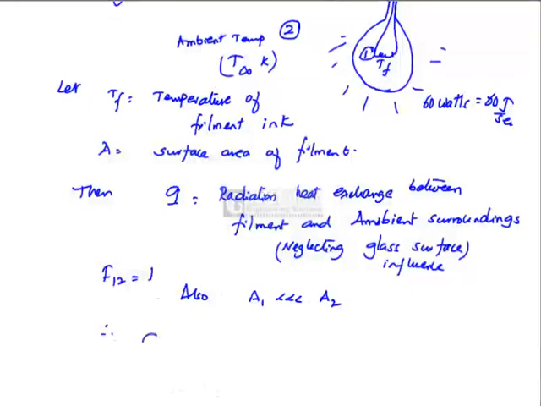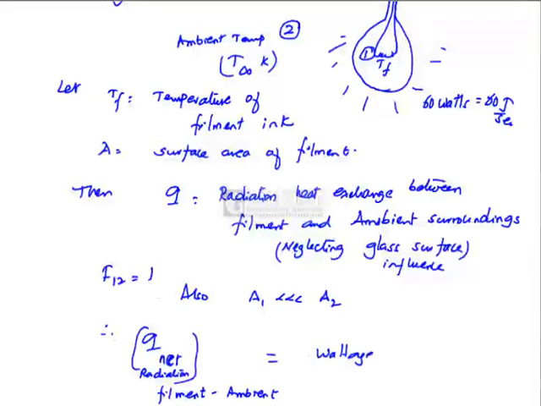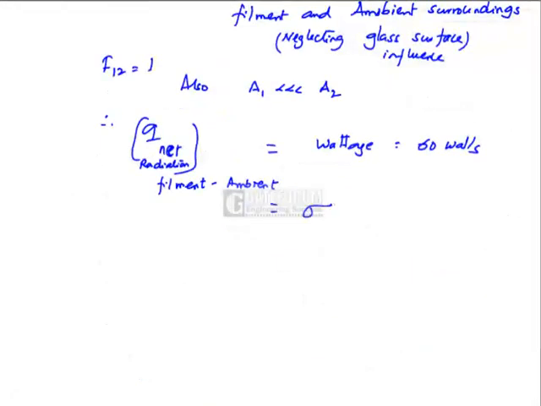Therefore, Q net radiation heat exchange between filament and ambient is nothing but the wattage, say 60 watt bulb. This is equal to sigma into Tf to the power of 4 minus T infinity to the power of 4, into epsilon of the filament into surface area of the filament.